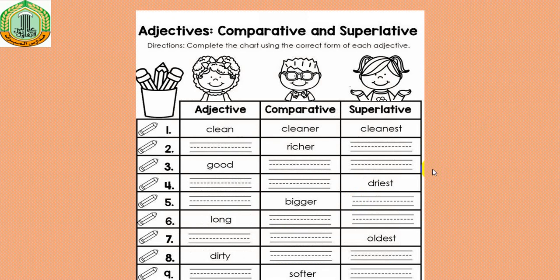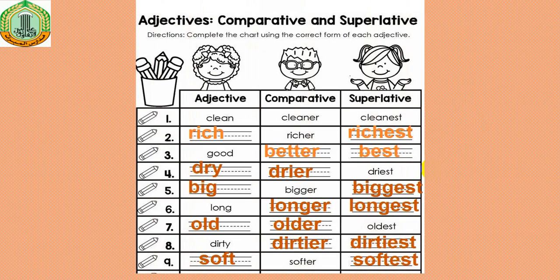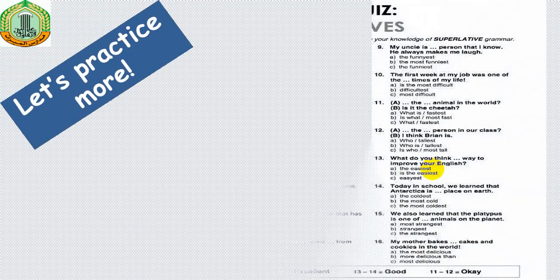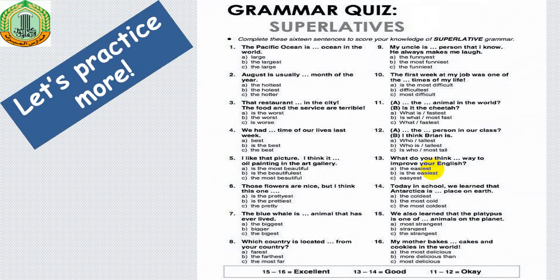Let's do an application. Pause the video here to do the extra sheet. When you're done, replay it to check the answer key. More practice. Consider this as a quiz on superlative adjectives.